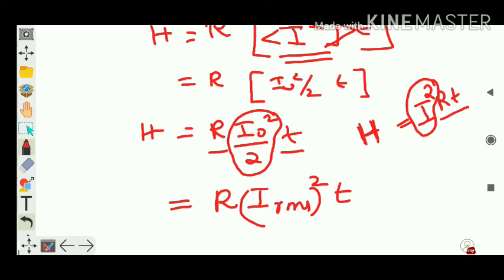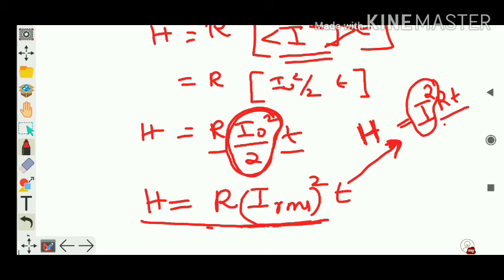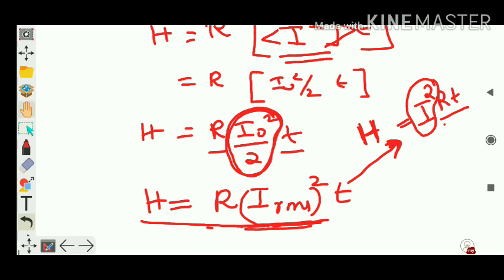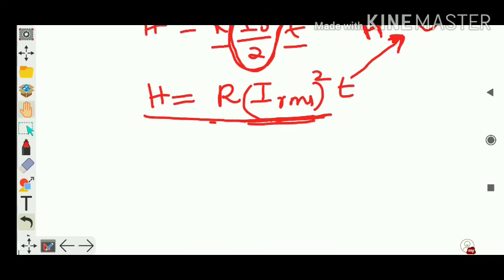Now this heat equation is quite similar to the other one. H is equal to R into I squared t, or I squared Rt, same. But now we have just replaced the value I naught squared by 2 with the RMS value. This is how we remove the higher type of calculations, this is how you make a layman understand.